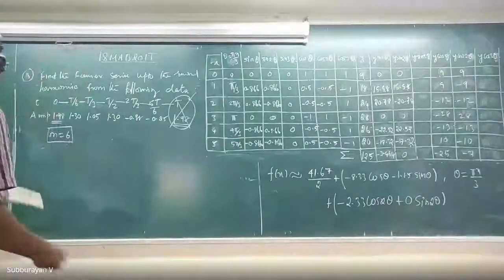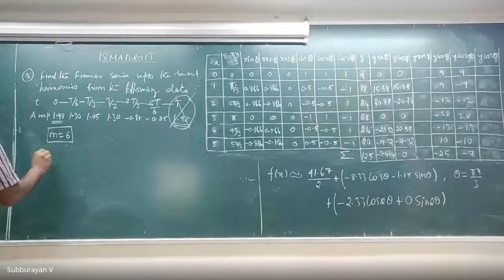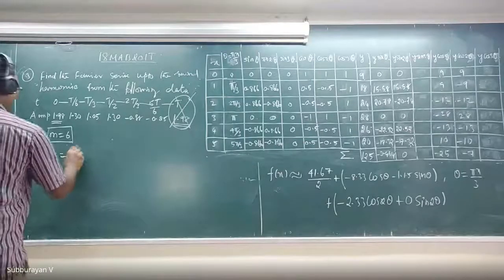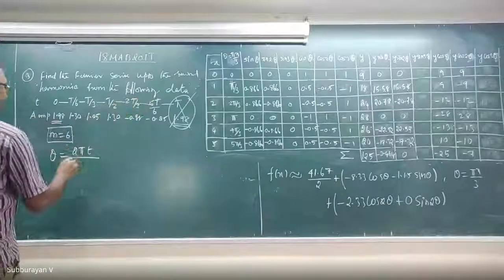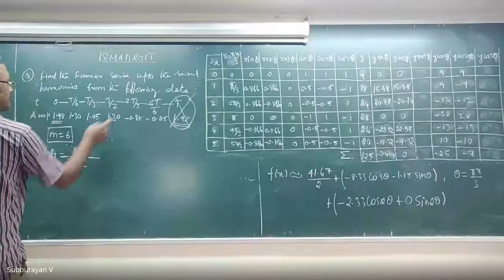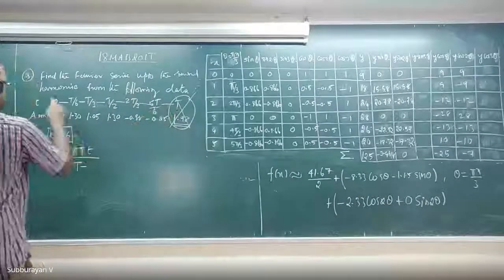And you have to use the transformation theta, which is 2 pi t divided by capital T, that is this t minus this 0.